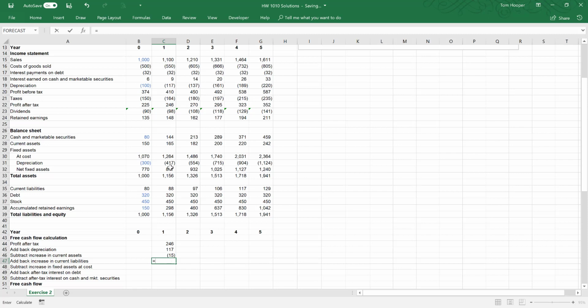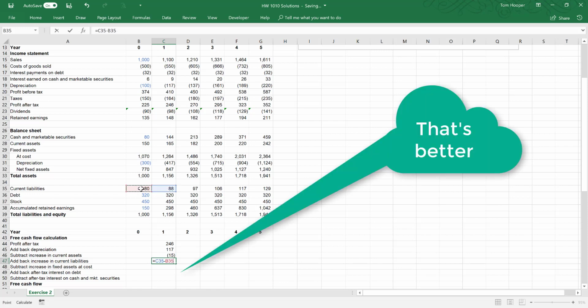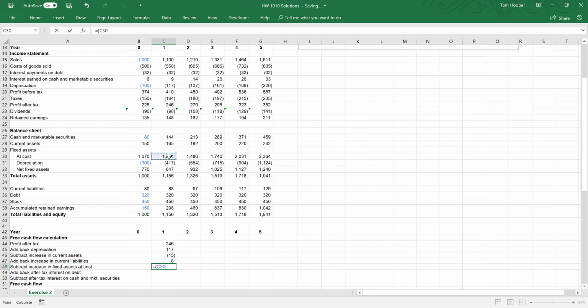Add the increase in current liabilities. Subtract the increase in fixed assets at cost. Requires a negative sign in front.